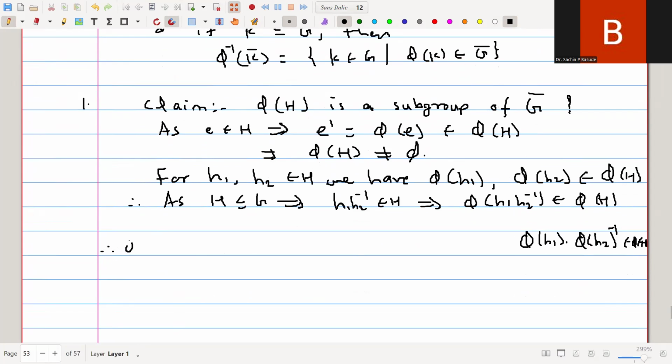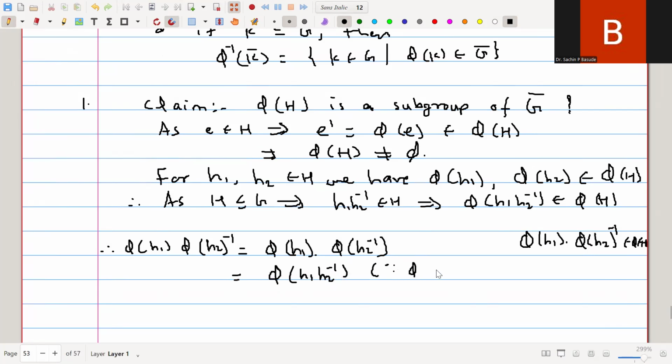So phi of h1 into phi of h2 inverse is equal to phi of h1 into phi of h2 inverse. But phi is a homomorphism, so this implies phi of h1 h2 inverse, since phi is a homomorphism.